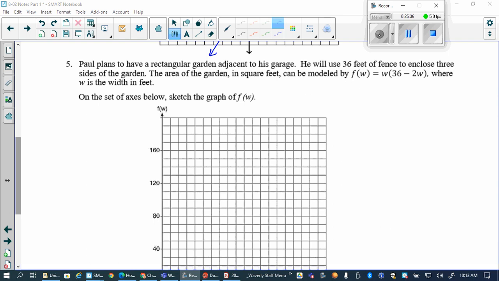So if it has something squared, it's quadratic, pretty much, right? Is this quadratic? No, that's linear. What would happen if I distribute this w through? So it is quadratic, isn't it? Because I'd get 36w minus 2w squared, so it will make a parabola.